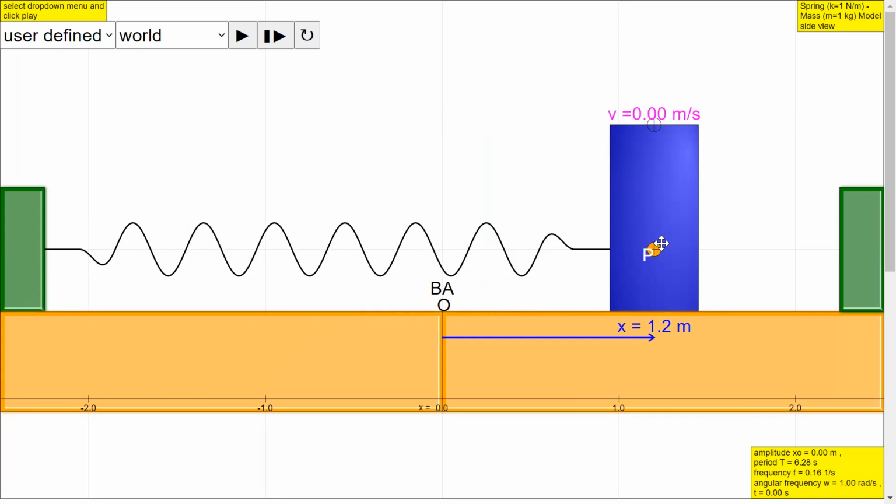The x component of the force that the spring exerts on the body is Fx, and the x component of acceleration is Ax. Following Newton's second law of motion, Ax is equal to Fx divided by the mass of the body.